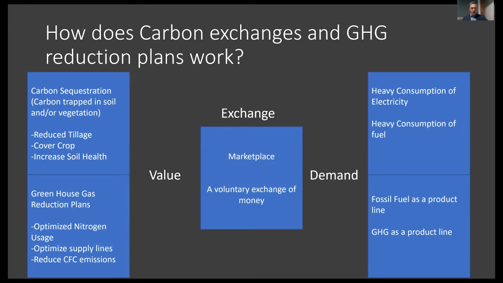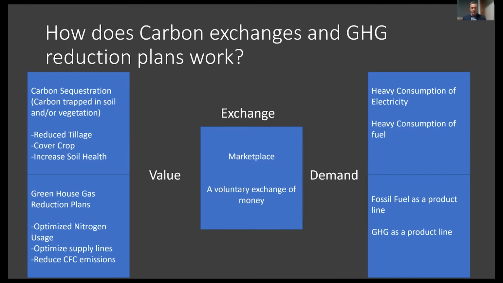And then right along with that, many companies, even in agriculture, will have a greenhouse gas reduction plan, which is a plan taken to reduce their emissions. That's optimizing nitrogen use, for example. Nitrogen itself, synthetic fertilizers, is about 300 times more of a greenhouse gas value than basic carbon or CO2.